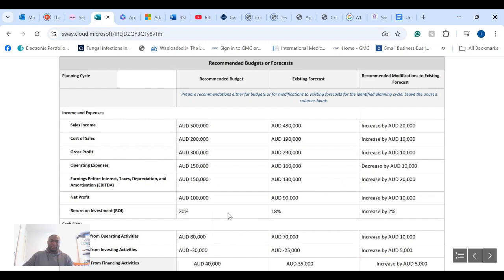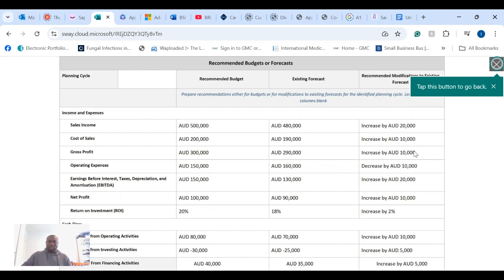Cash flow from investing activities, there will be an increase of around 5,000. Cash flow from financing activities, the recommended budget at this moment is 40,000. The existing budget was 35,000, so that's an increase of 5,000.